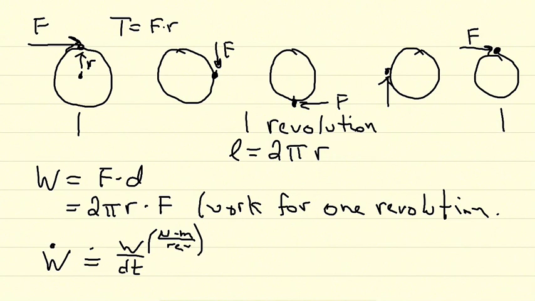Then in my denominator I have units of seconds. I have to multiply my W times something that will eliminate those revolutions and introduce seconds. Well, that's what n is. My rotational speed has units of revolutions per second.